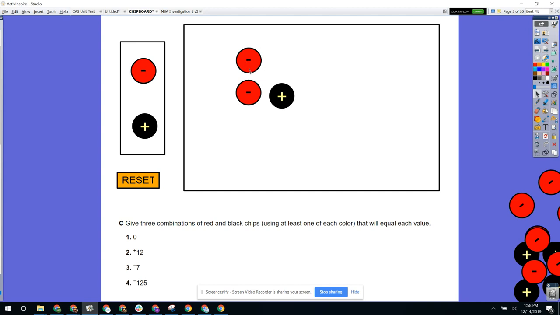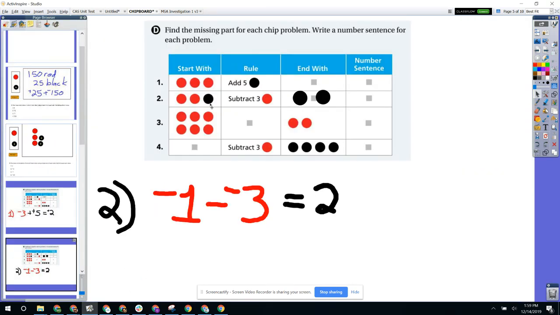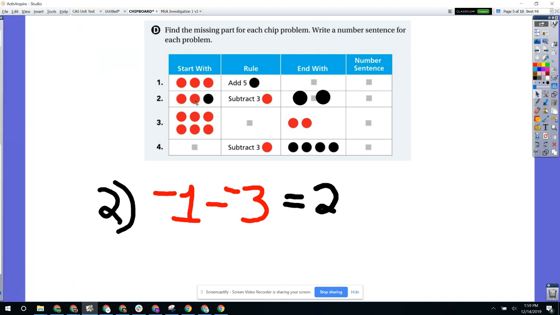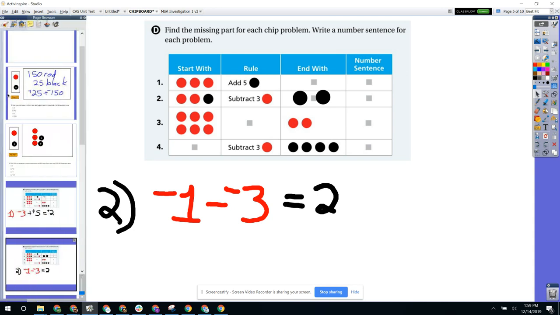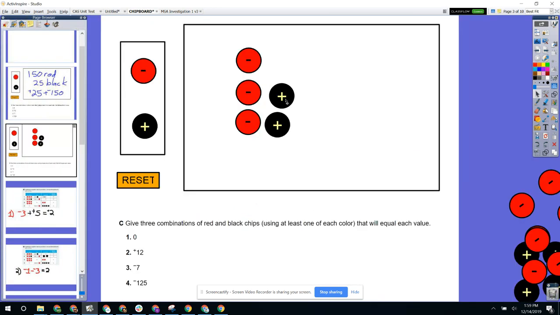So this is a -1. And if we're going to take away 3 red chips, that means we have to add in another pair here so that we have 3 red chips to take away, right? This doesn't change the fact that this whole board is still a -1. This black chip cancels out this red chip, so we have -1.